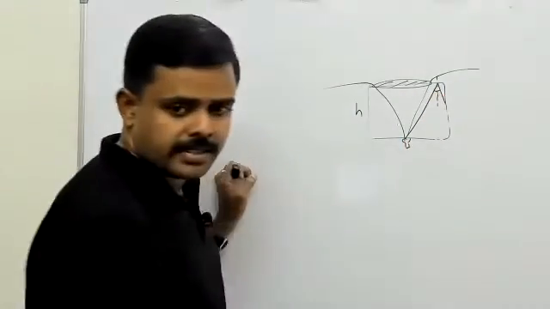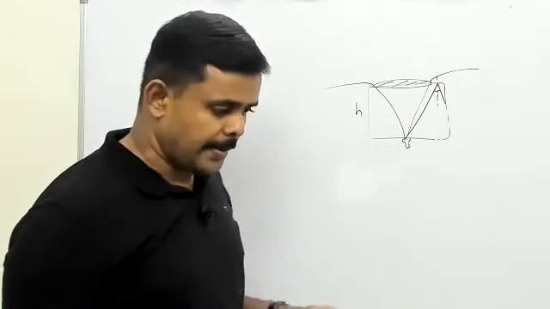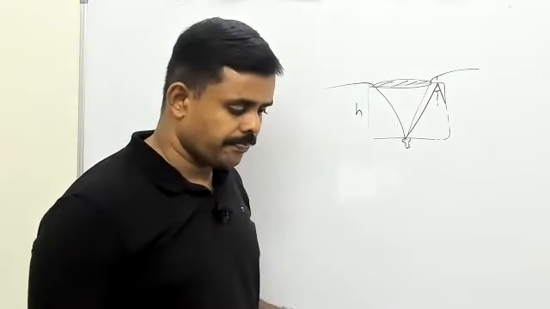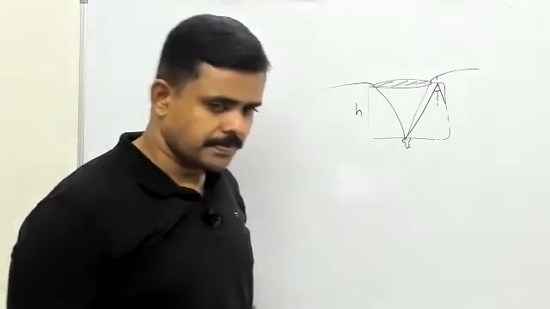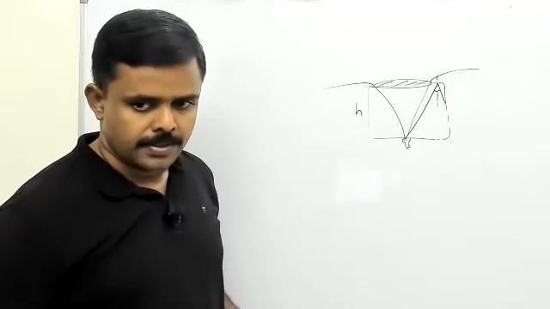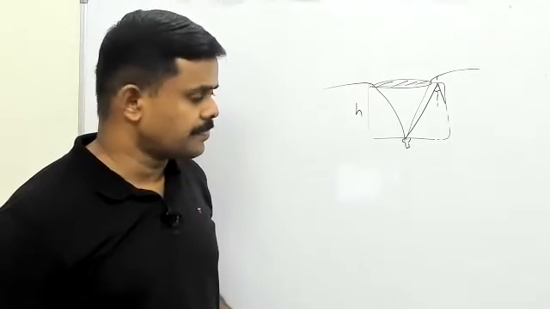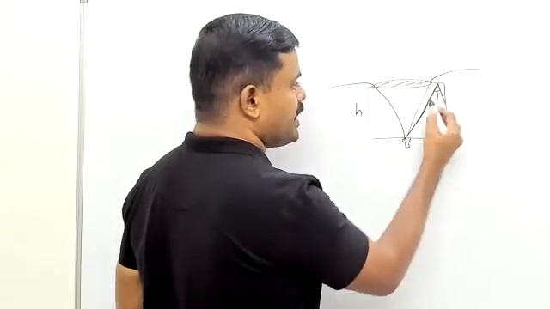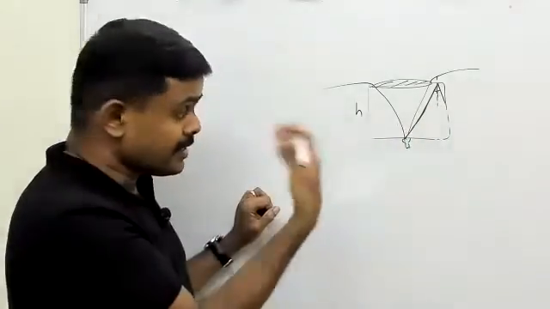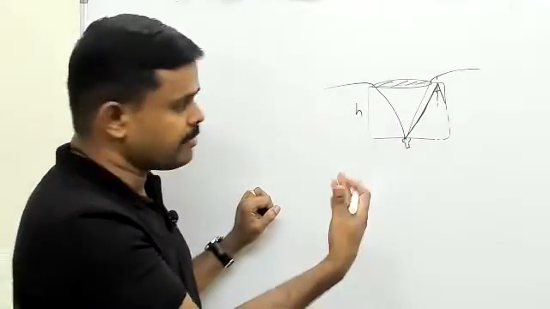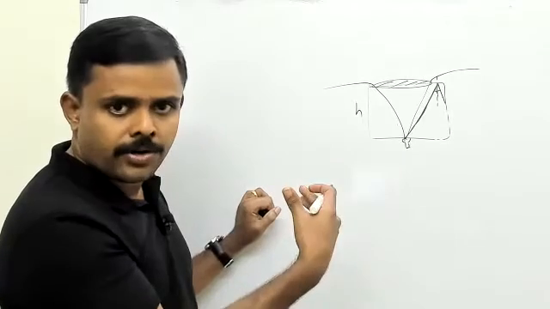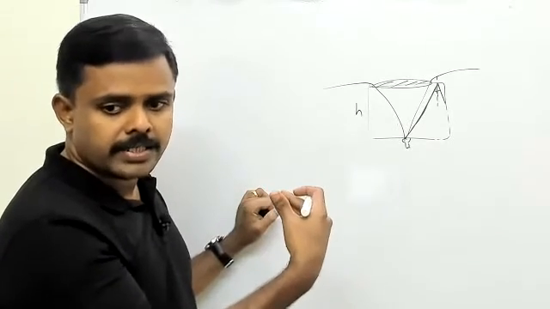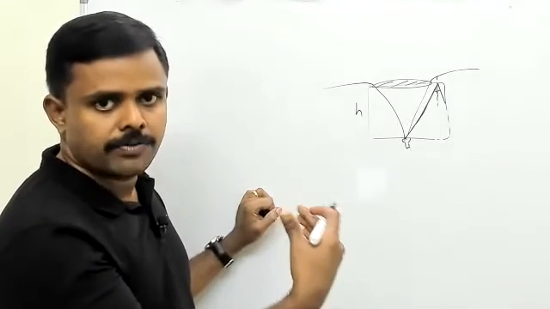So you should write the answer this way. Beyond the circle, if a ray comes in, what happens? It's falling at a greater angle. Angle of incidence is greater than critical angle. In such a case, the ray undergoes reflection instead of refraction.